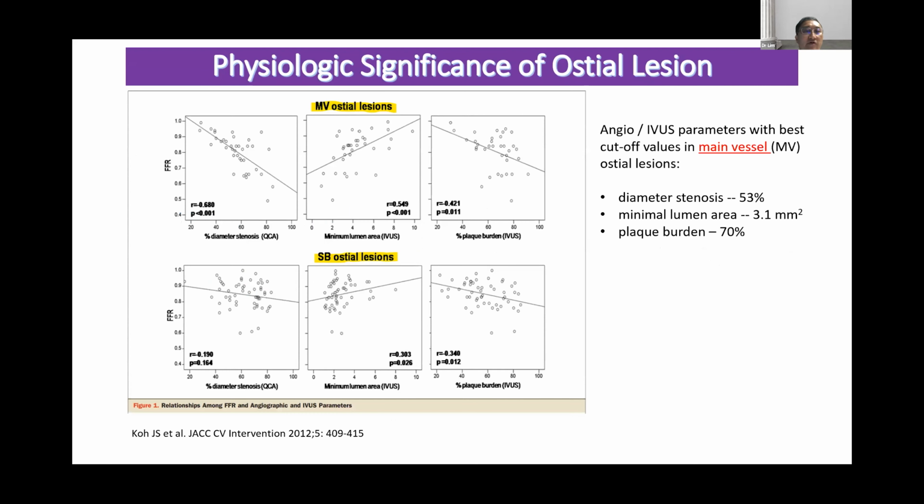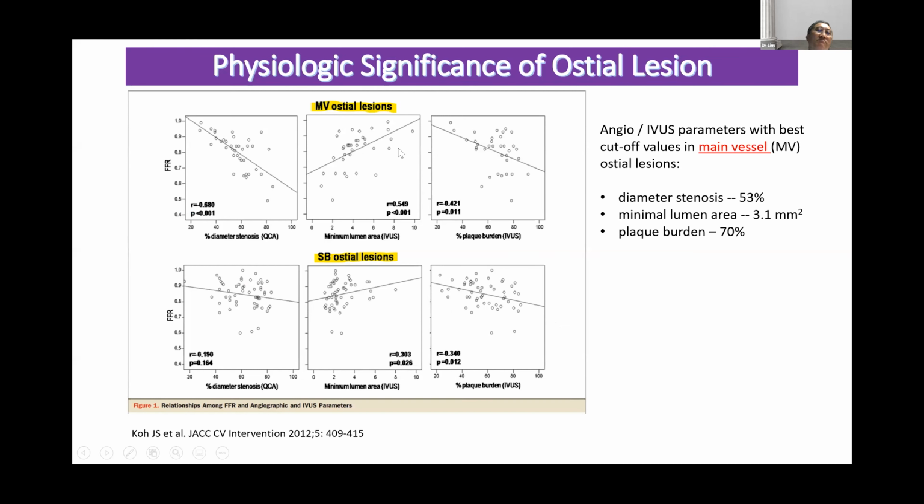This is one of those studies from Korea that looked at the correlation of the angiographic and the IVUS parameters with the FFR. And you can see that in the main vessels, here referring to the left main, LAD, circ, and the RCA, there's a slightly better correlation, whereas for the side branch ostial lesion, the correlation is poor, either poor or no correlation at all.